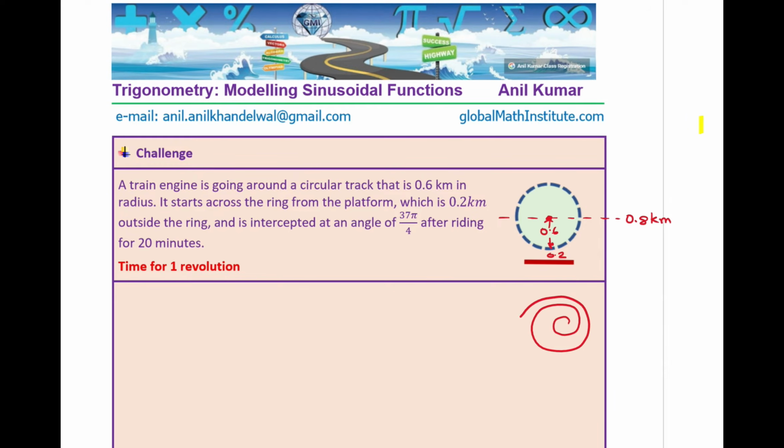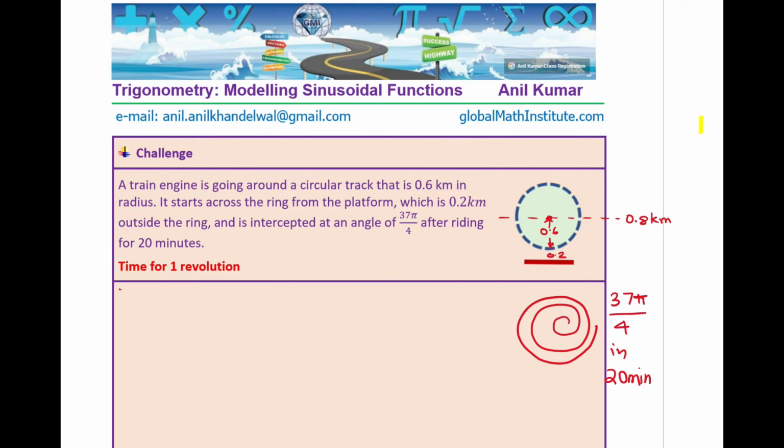So the angle in radians made by the engine is 37π/4 in 20 minutes. Now that should give you the time period. It is in radians. So many radians in 20 minutes. We will now find the time for one revolution.